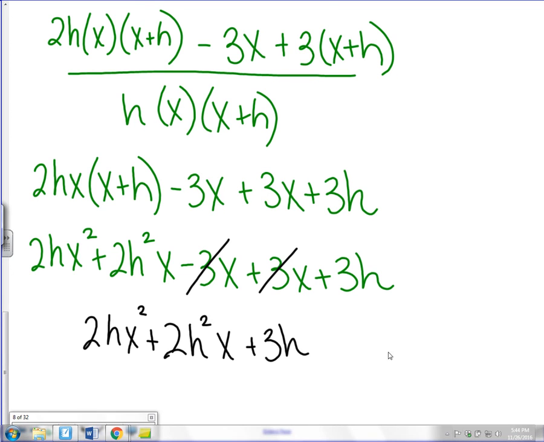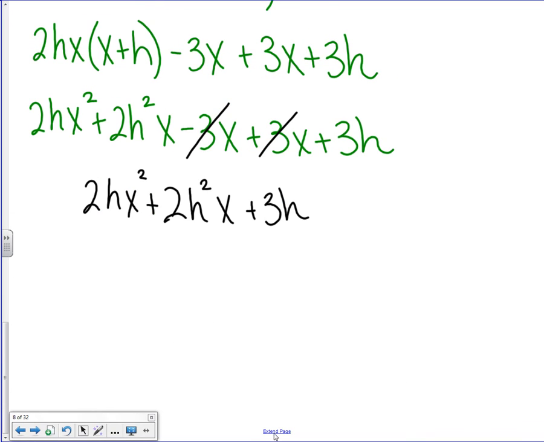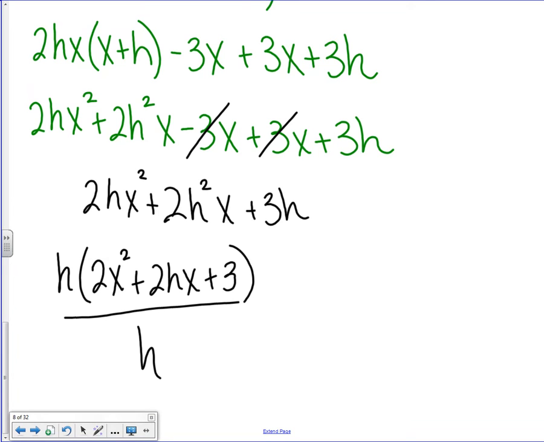Now remember, this is all over h. So I'm going to take out an h. And when those h's cancel, remember that h is supposed to approach 0. So in the middle here, this thing is pretty much non-existent.